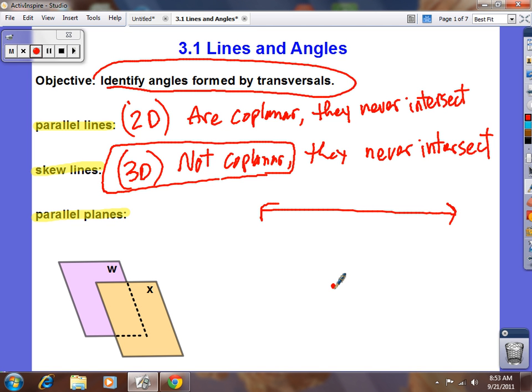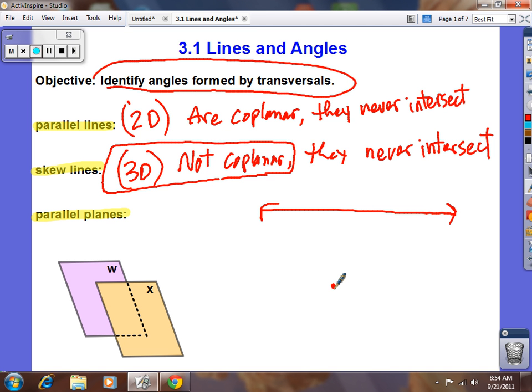Now, coming out of this point is a line going this way. These lines go forever. So this one's going to go forever left and right. And this one coming out of this point is going to go forever, kind of like north and south. Will these lines ever intersect? They will never cross. They are skew lines. To be a skew line, it's got to be in the third dimension. It's got to be on a different plane.